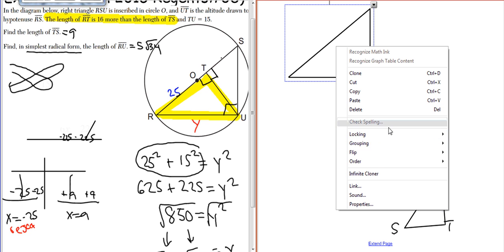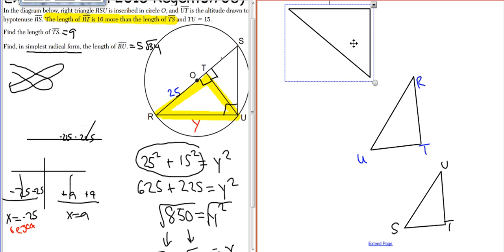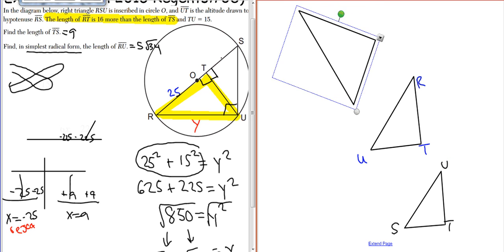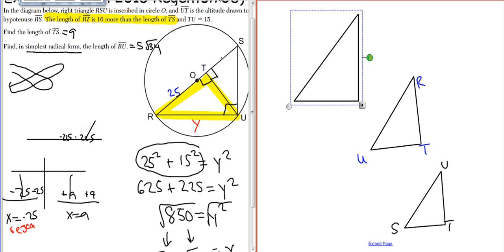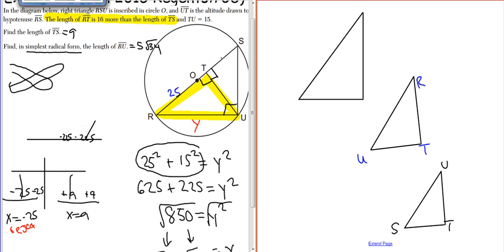So I'm going to flip it real quick, and it's got to get rotated. So this will be S, U, and R.